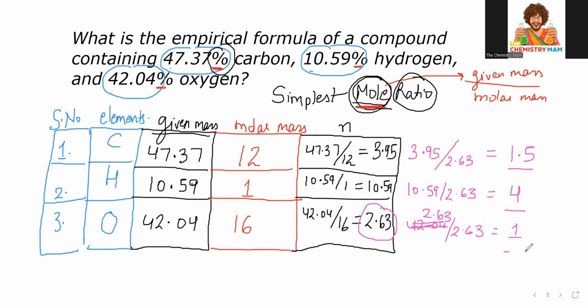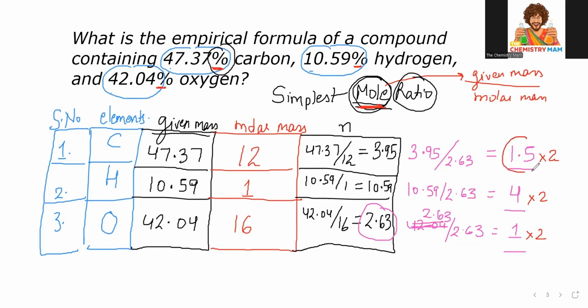So I have simplified the ratio, but it is not coming in terms of whole numbers. Now you have to understand this concept over here. In fact, only one value, which is 1.5, is not a whole number. So I can simply make it a whole number by multiplying everything by 2. See, there is one other option.